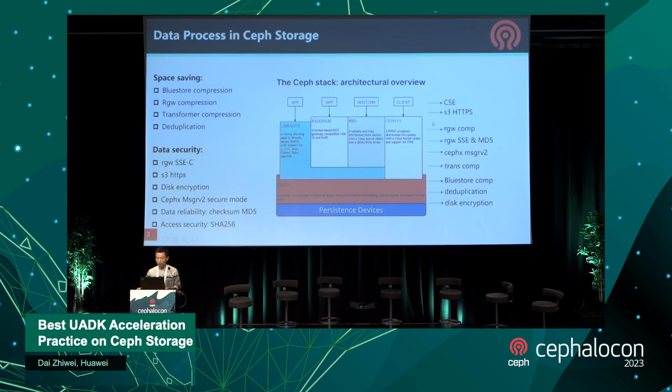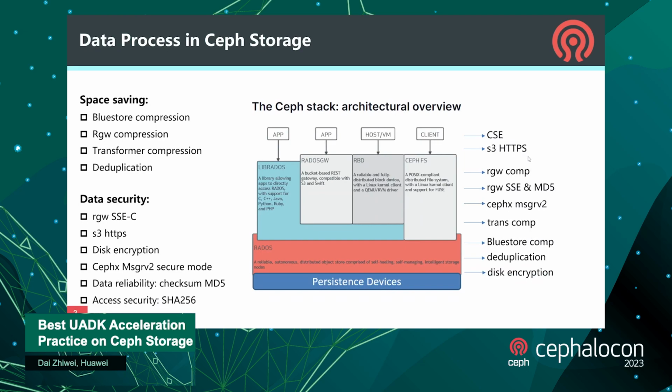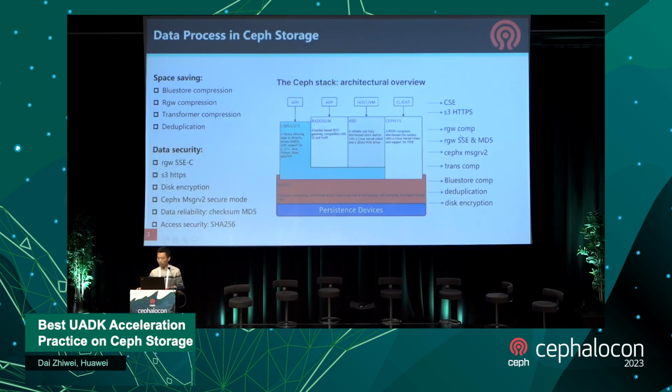We have found that from client to Ceph backend ObjectStore, there are many data process features, such as client-side encryption, S3 HTTPS, and then in the Ceph daemon, there are RGW compression, also server-side encryption, and MD5 computation, and CephX message version 2 secure mode computation, also messenger compression.